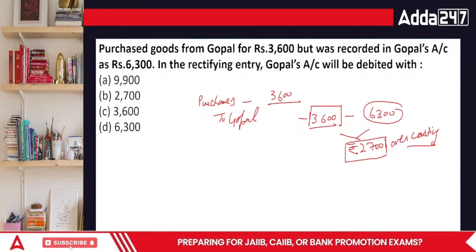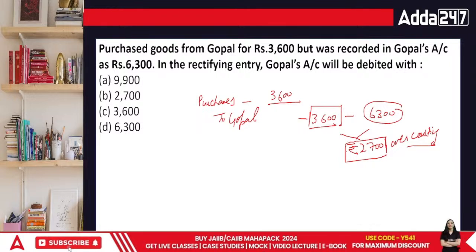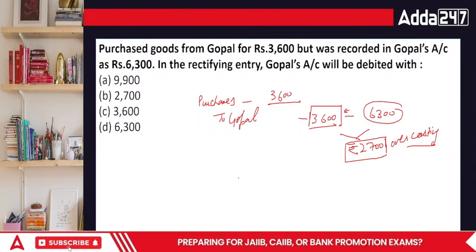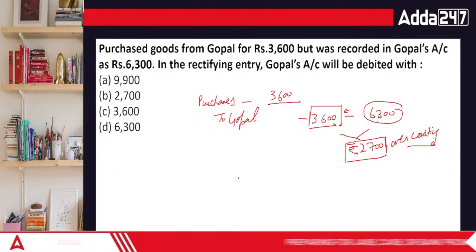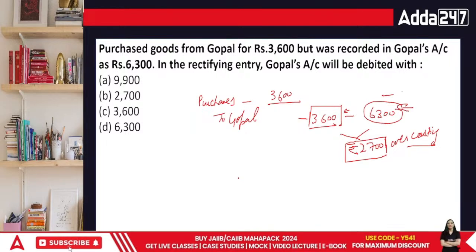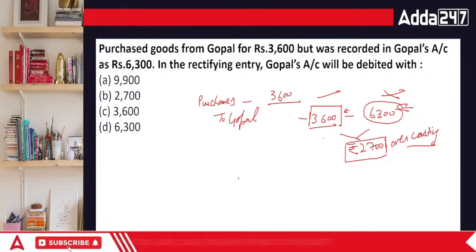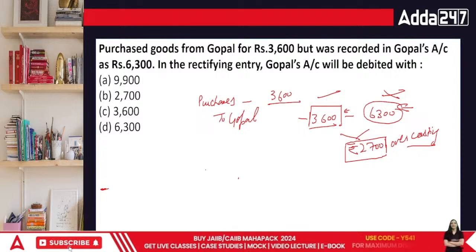So what will you do in this case? You will reverse this 3600, or you will have to calculate the point there. नहीं, ठीक है, it is currently 63 while it has to be 3600. So it is over by 27. So I think the best thing that I can do is to counter it.